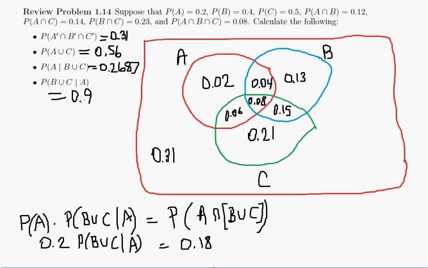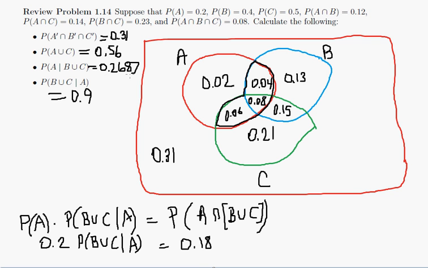Okay, so I get two different answers here, and that's to be expected. The last probability we just got is: if I know I'm in A, what's the probability of being in the black region that I'm highlighting right now? If I know I'm in red, what's the probability of being in the black region? That's 0.18, the black area, divided by the total, which is 0.2.